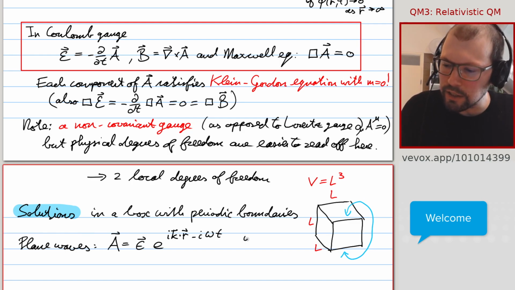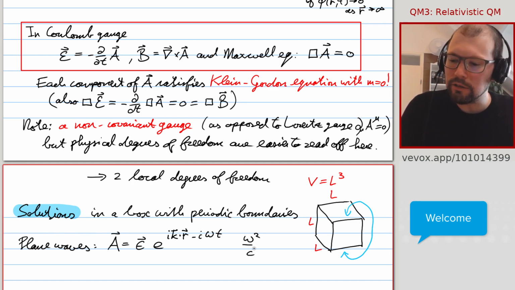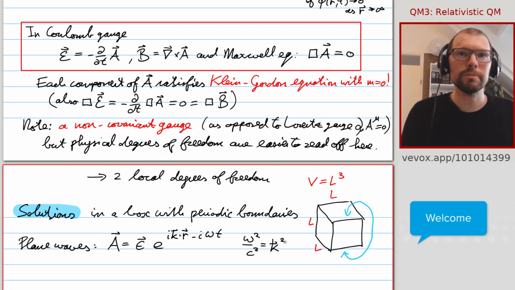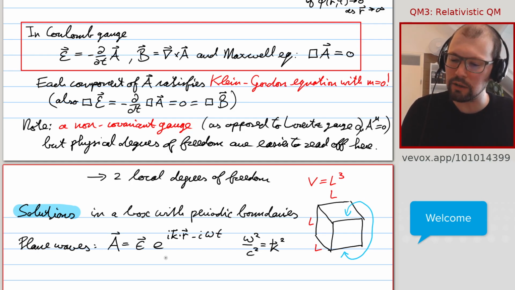Right, so this is saying that omega squared over c squared has to agree with the squared norm of k. Right, because the D'Alembertian brings down two of these omegas with an extra c squared, and then an inner product of k with itself.